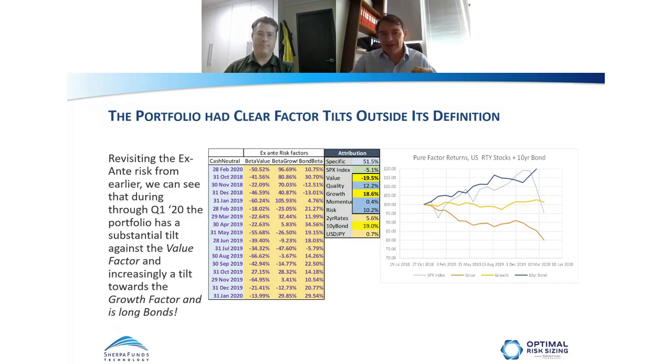Particularly with something like an AI signal, it's very hard to query that signal to understand what it is. Although you can look at the consistency of these numbers historically and go, well, it looks to me clearly that this particular signal is consistently delivering a short value, long growth, long bond style portfolio. Does it know something? I don't know. We don't know about that, but it's a really important conversation to have.